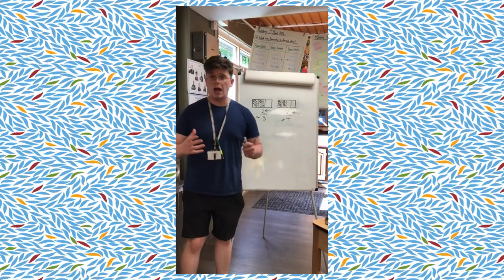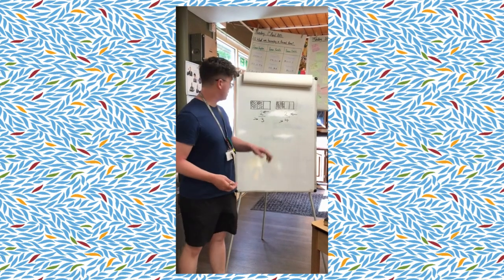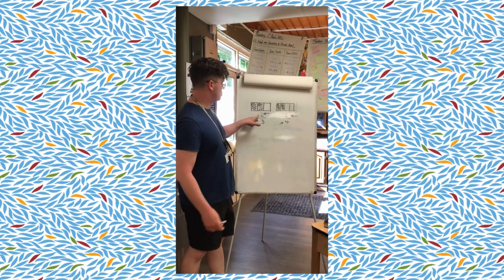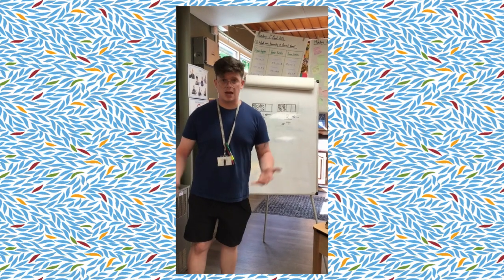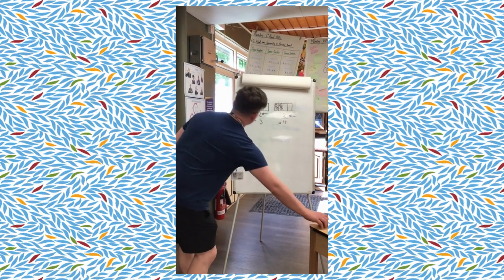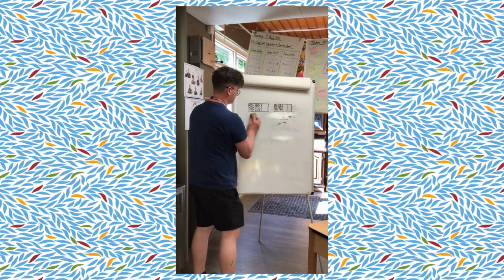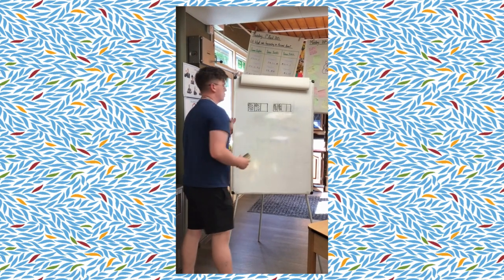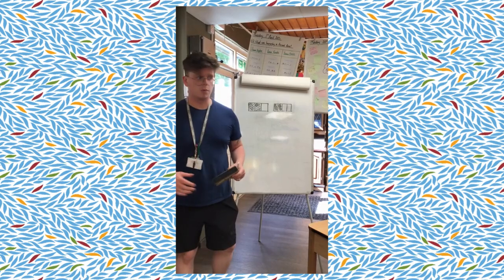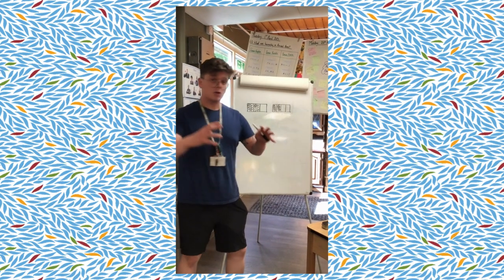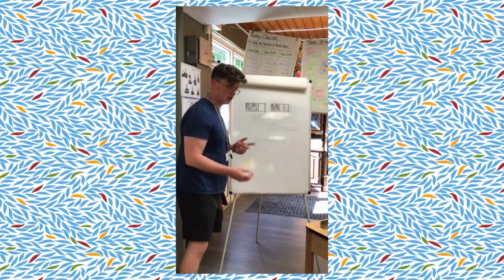Now, how can we accurately compare a fraction, especially if I've got 2 parts here and I've got 2 parts here? That sounds like it's the same. Well, if we take a look at the two shapes that I've got, 2 bars, one that I've split into 3 equal parts and one that I've split into 4 equal parts, I'm now going to put these on top of each other like so.